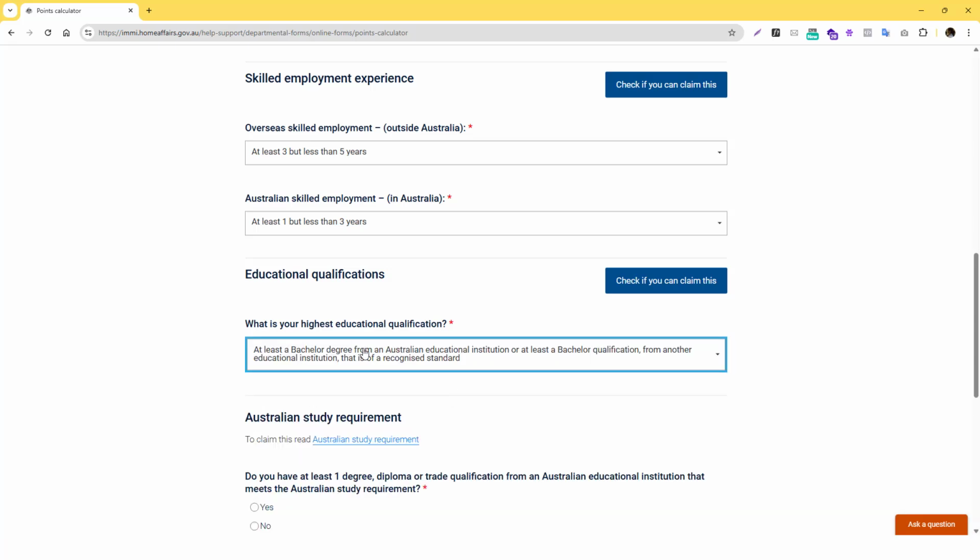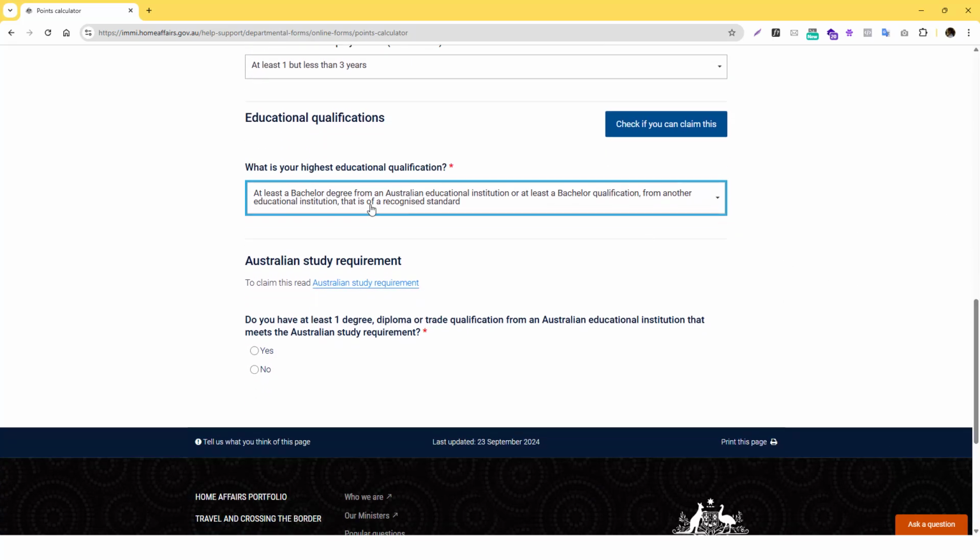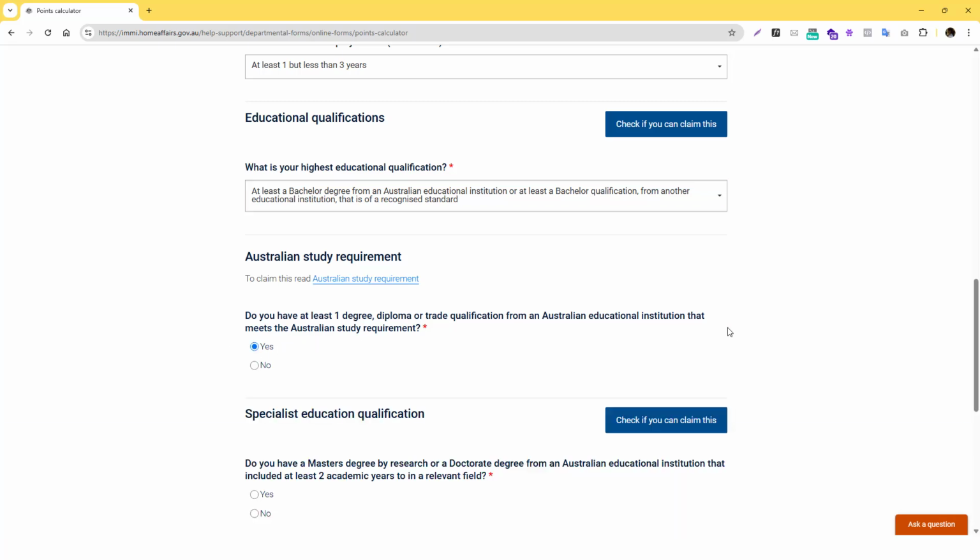So at least a bachelor degree from Australian education, or at least a bachelor degree from another educational institute that is of a recognized standard. Now again, this is not bound to Australia, but with this part, Australian study requirements, it gives you extra points if you have studied in Australia. So do you have at least a degree, diploma or trade from an Australian education? If yes, obviously you take yes.